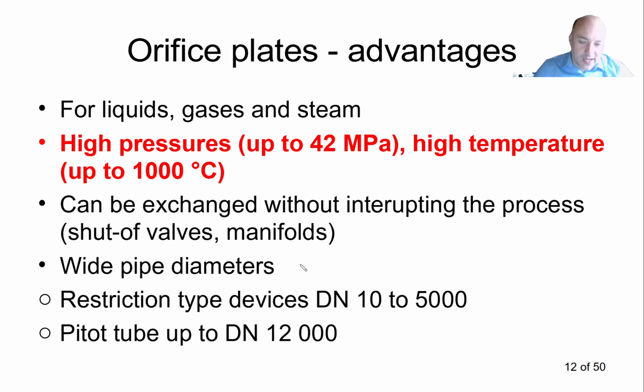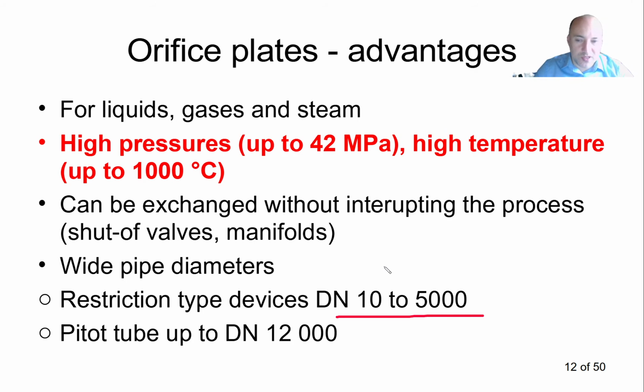It is working in a wide diameter range. So an orifice plate may work typically between 10 millimeters and about 5 meters. The orifice plate is not a single device that you may use as an artificial restriction.